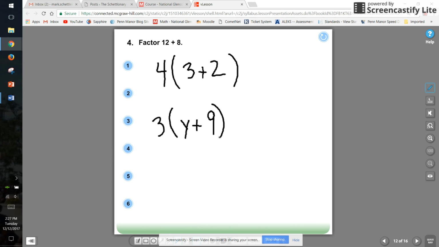Using distributive property, we're saying that 3, we're multiplying times everything inside the parentheses. So 3 will be multiplied into y, 3 will be multiplied into 9. 3 times y is 3y, and 3 times 9 is 27. There you go. Short version of distributive property.